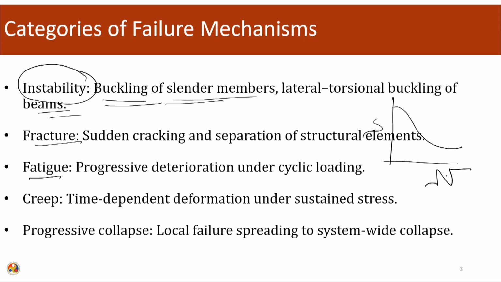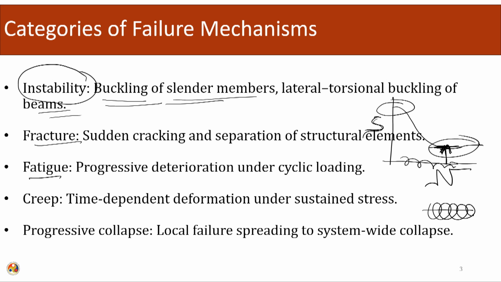In the S-N curve, as the number of repetitive cycles increases, the structure is undergoing repetitive cycles. The structure might fail at stresses lower than the given yield stress, or the corresponding strength of the structure. Due to repeated loading, there is a fatigue phenomenon occurring in the structure and it may fail well below the intended strength level.